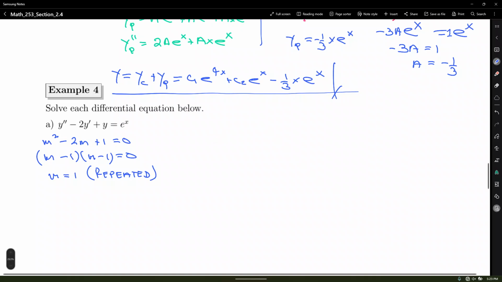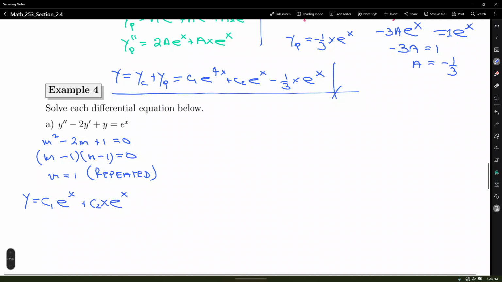The solution to a homogeneous equation with repeated roots is y equals c1 e^x plus c2 also e^x, but we multiply by one power of x here. That's just the solution to the homogeneous part of the problem.